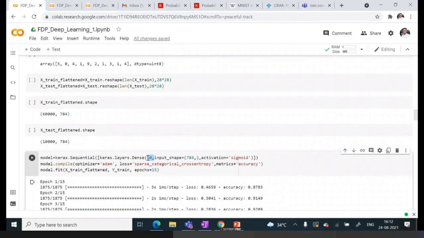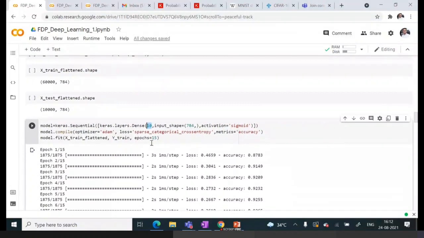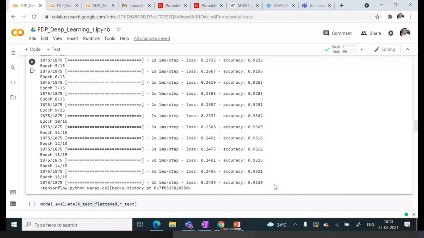So basically this is mandatory to take input. This is mandatory to give output. So we are not taking anything in between, right? So this is, one can say, the simplest possible model of deep learning, and still we are getting 93% accuracy.